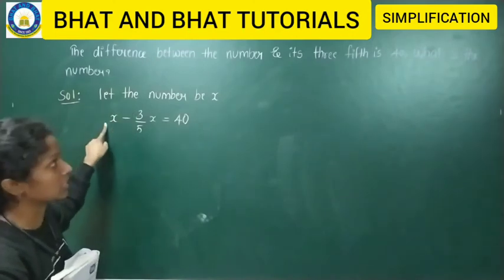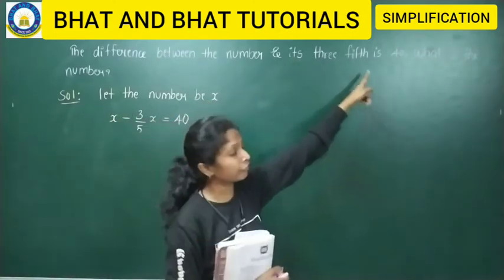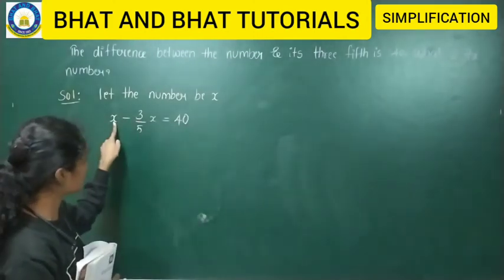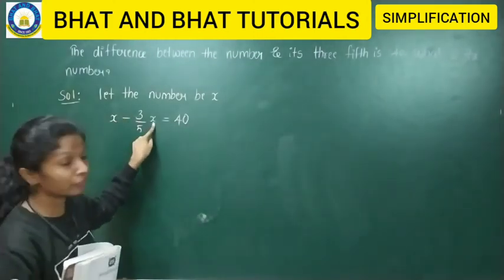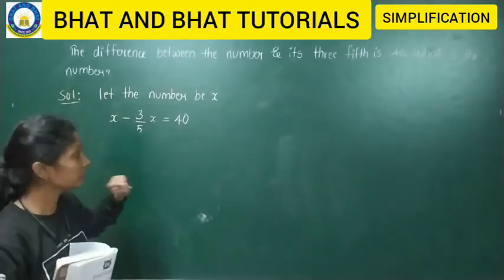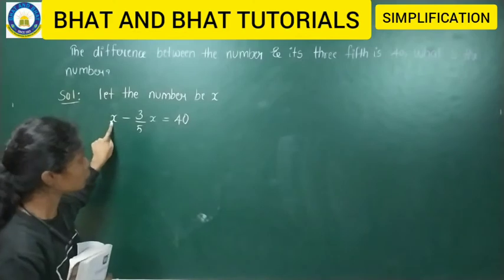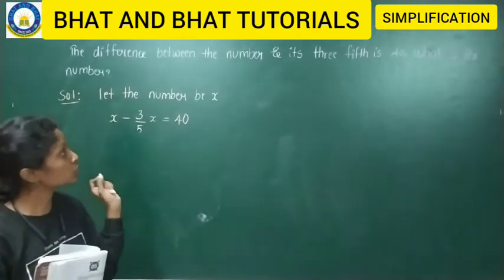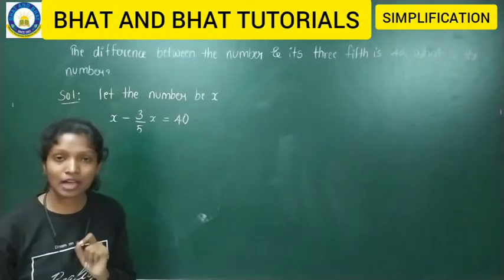3/5 of its, see here, it's 3/5. That means 3/5 of the number gives you 40. This is how we will understand it. So this is the number. We don't know the number in the question, so we are considering the number as x.